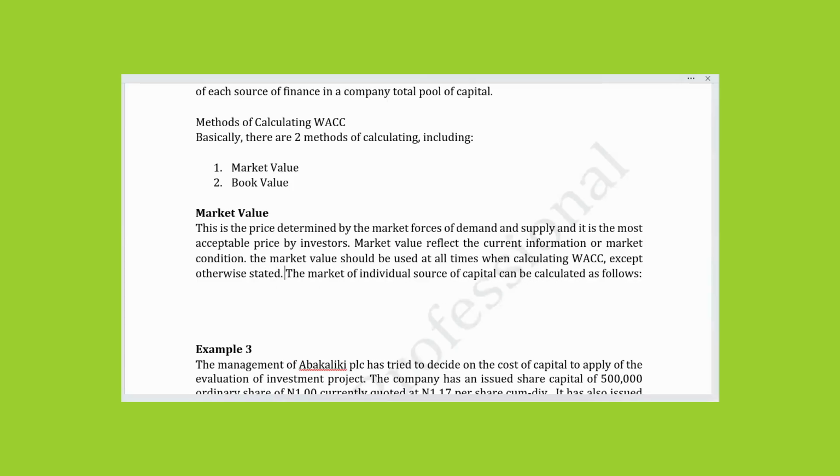So if you are asked to use book value, of course you use book value. At all time, you have to use the market value.